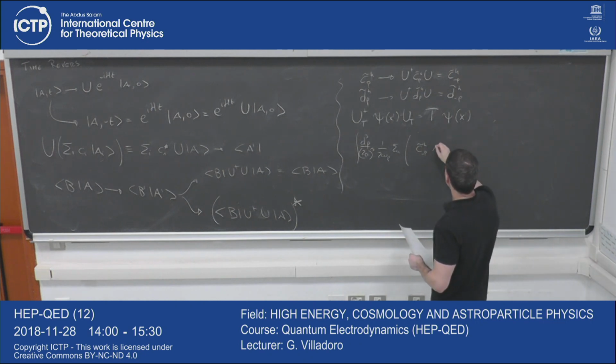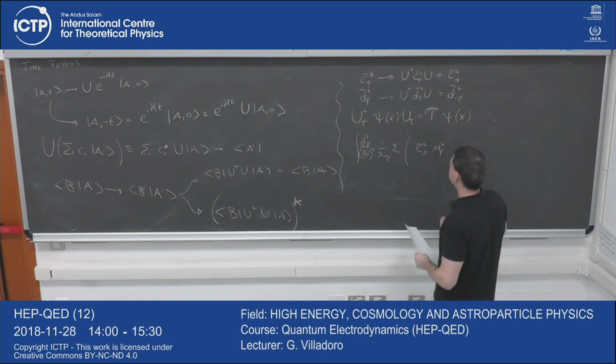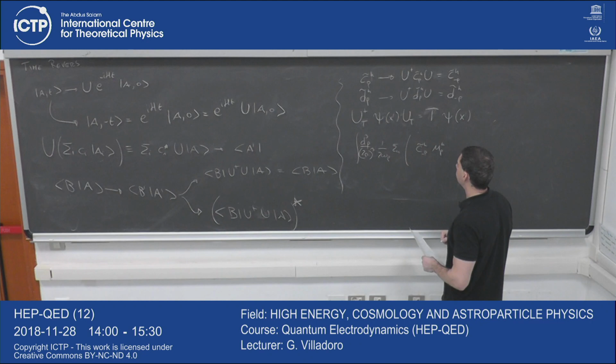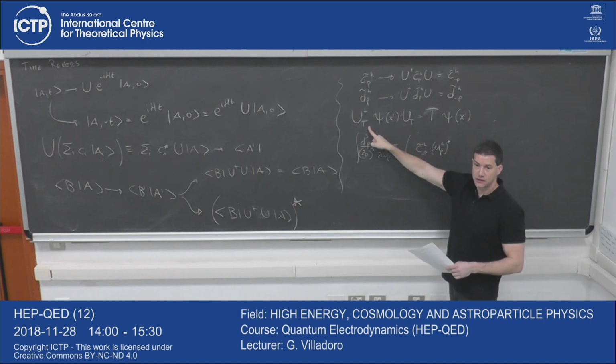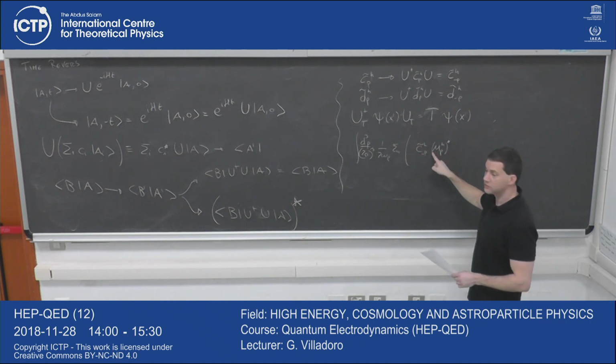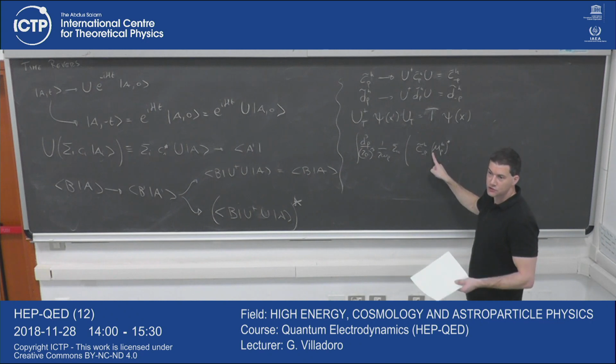Then I have u p h star, because U is anti-unitary, so when it passes through a number, you just take the complex conjugate.